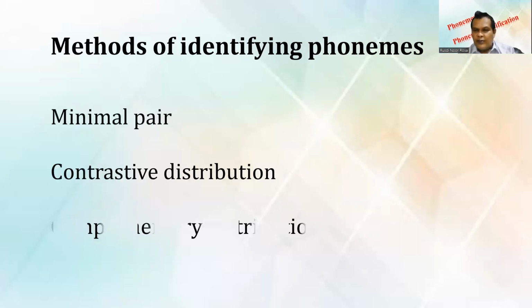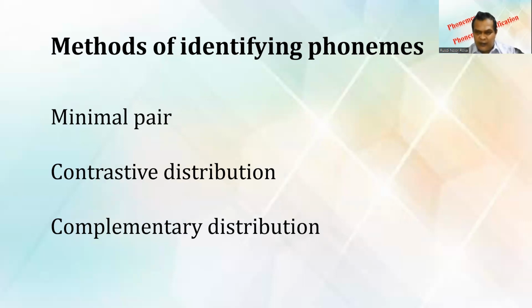The first one is minimal pair, the second one is contrastive distribution, and the last one is complementary distribution. Now, let's talk about each of these methods in order to show you that identifying phonemes is easy as long as you know how these methods work.